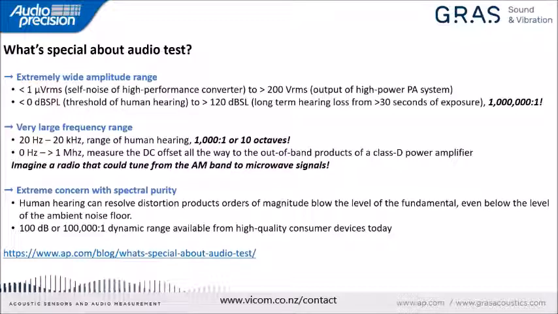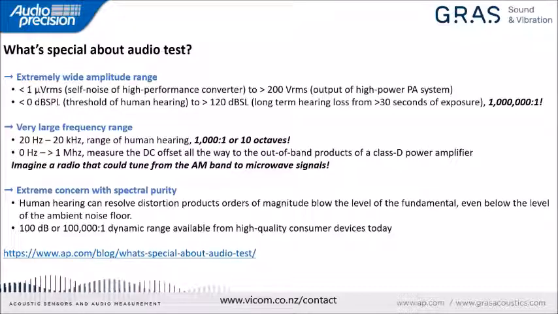That scales all the way up to wanting to measure the output of the types of power amplifiers used to drive speakers for rock and roll stadium shows, which can exceed 200 volts RMS. So it's a very big challenge to have an analyzer that has a self noise of less than a microvolt and accepts the largest possible signal above 200 volts RMS.